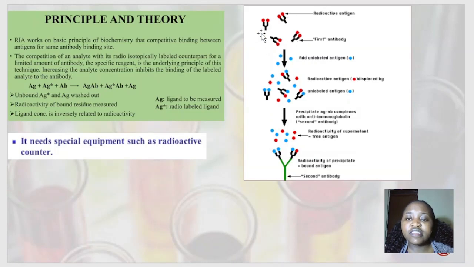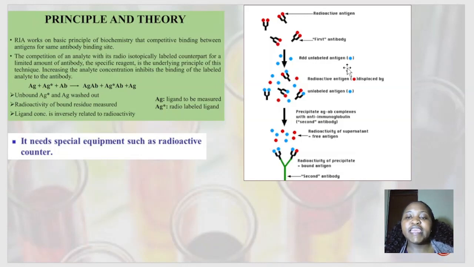So what we do is we first have a radioactive antigen that is similar to your analyte. We combine it with the antibody, what we call the primary or the first antibody. We expect that it has bound, we wash. Then we add in our unlabeled antigen. So it's kind of a competitive binding principle.